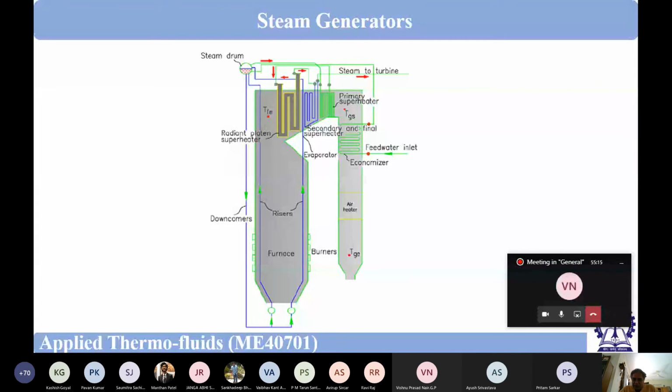From this steam drum, saturated steam will come to different superheaters, and then it will go to the turbine. From the turbine, some amount of steam may come for reheating. After that, it will again go to the low pressure turbine. So please tell me if any question is there.